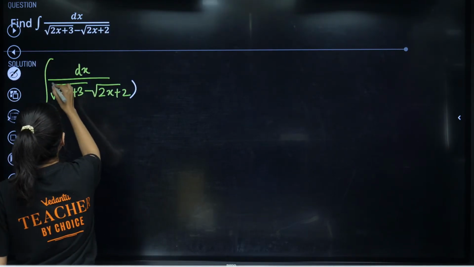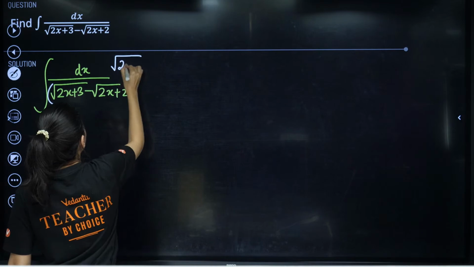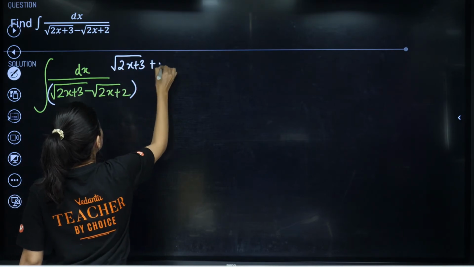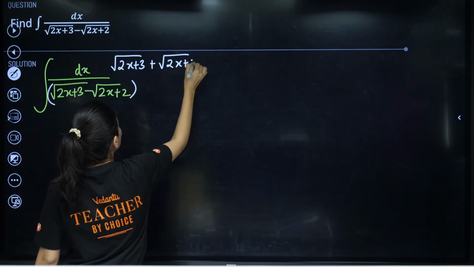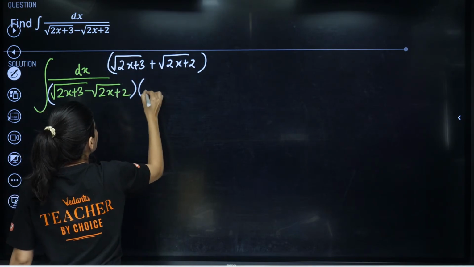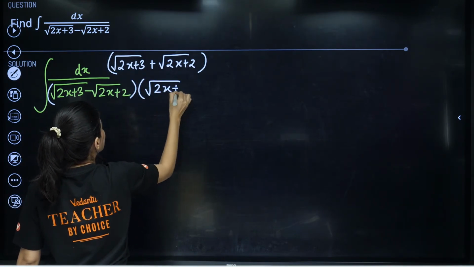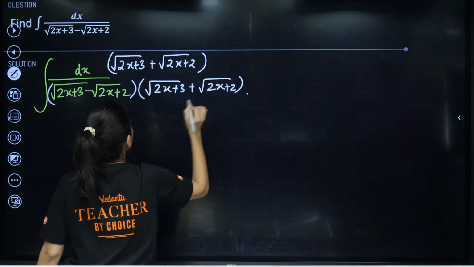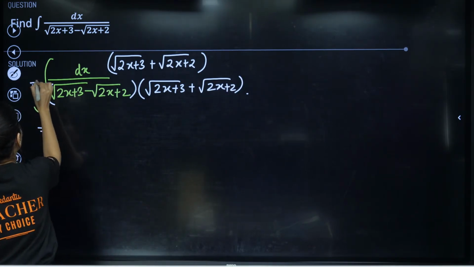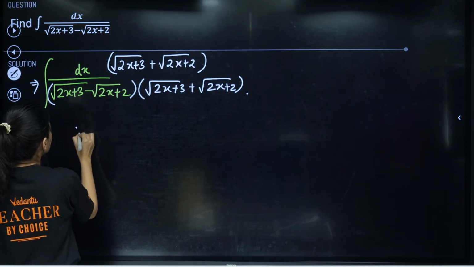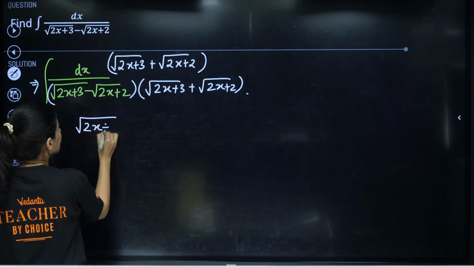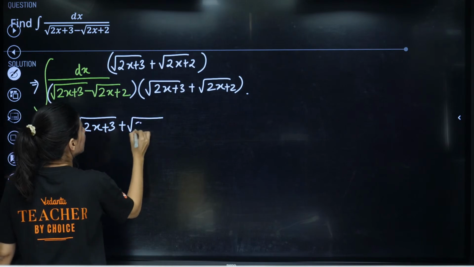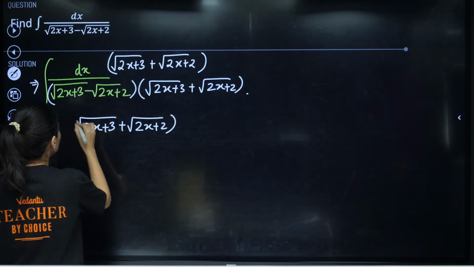And rationalize: multiply by square root of 2x plus 3 plus square root of 2x plus 2, in both numerator and denominator.